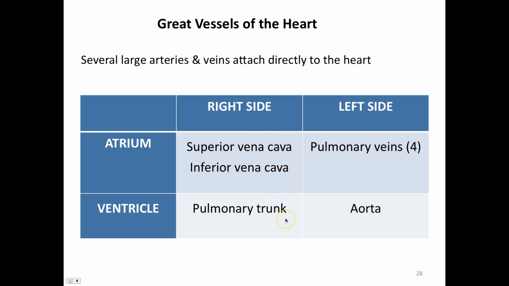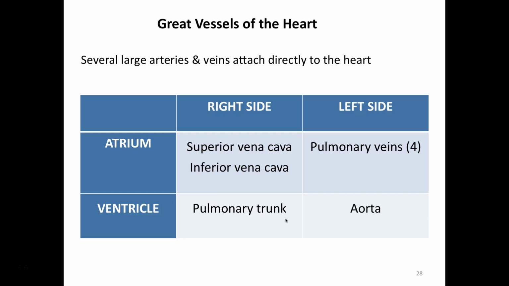The great vessels of the heart. The great vessels of the heart is a term for all the major structures entering into the atria, or the vessels leaving the ventricles.